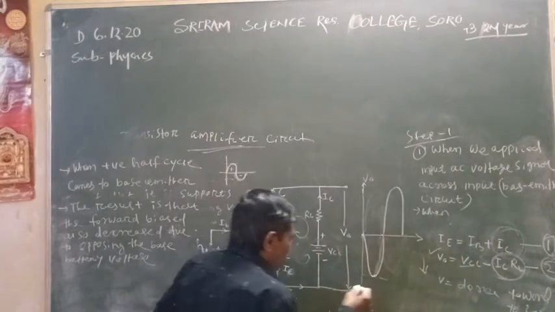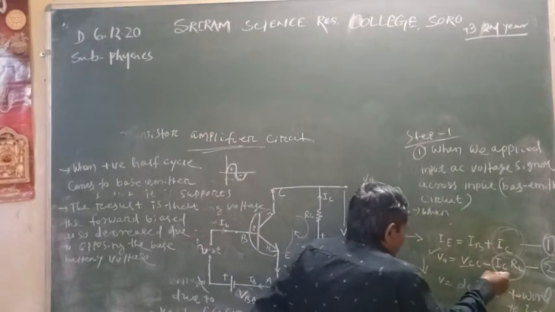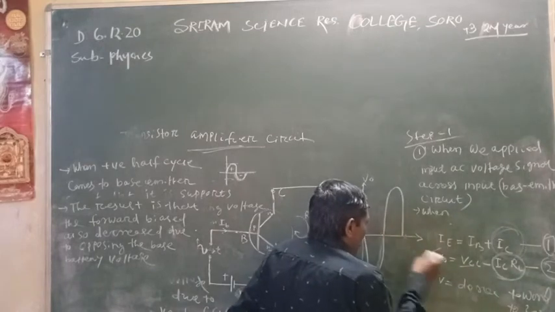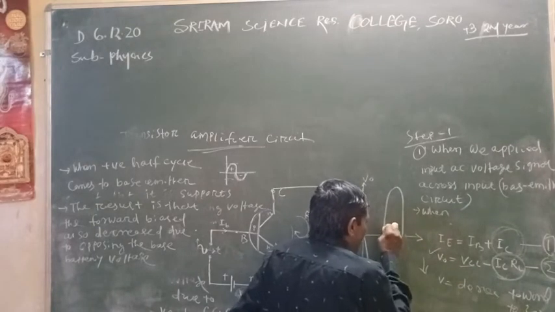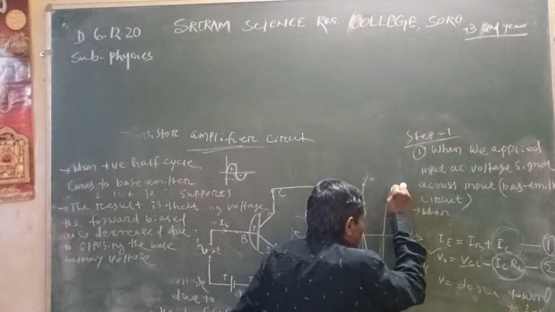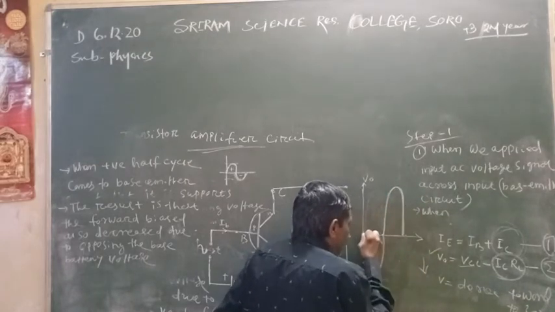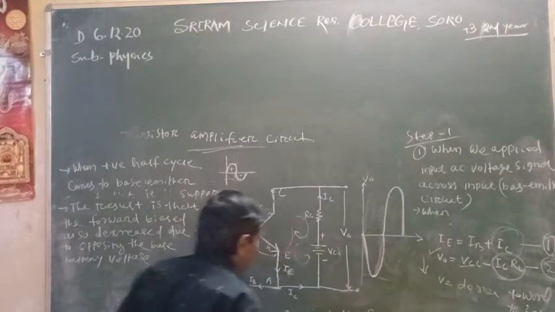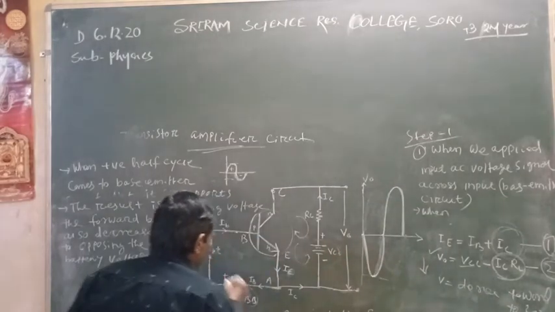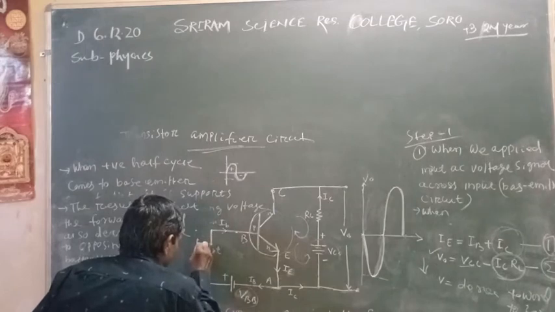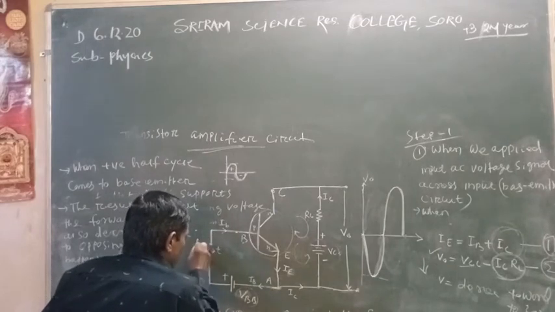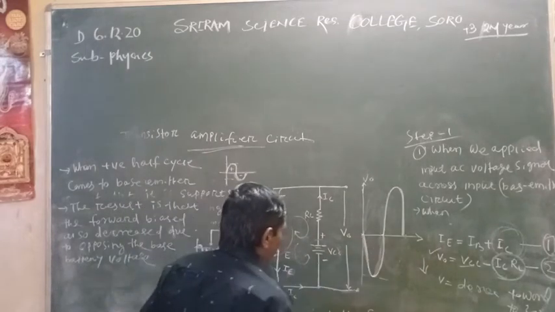So again, as the negative part decreases, the output voltage increases, and then it will be a reversal of phase. Now this is the input phase and this is the output phase.